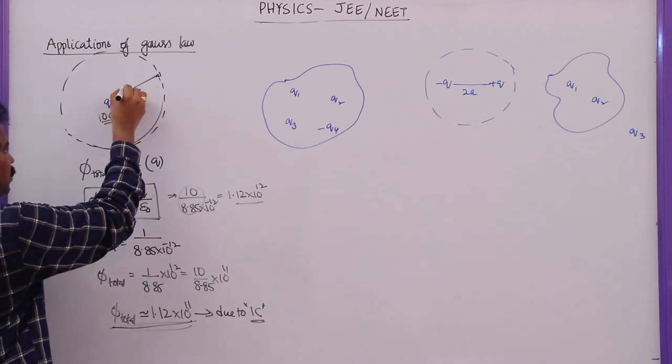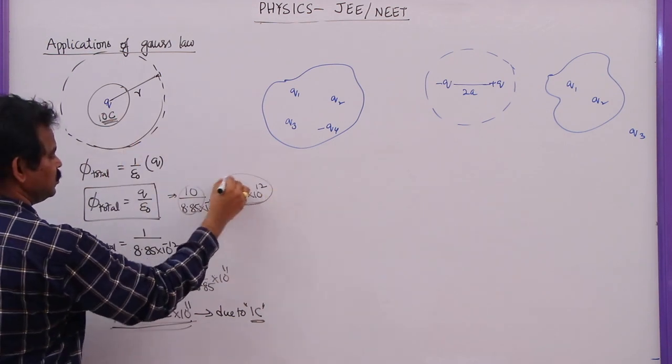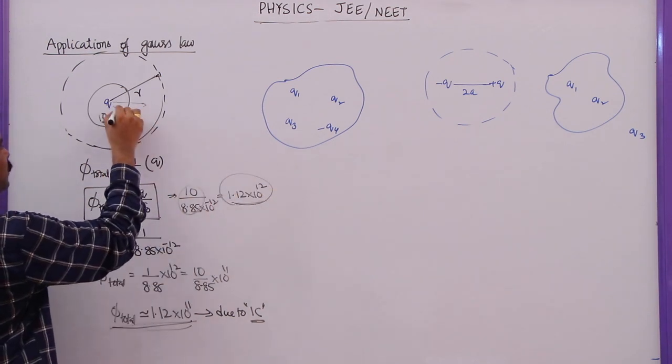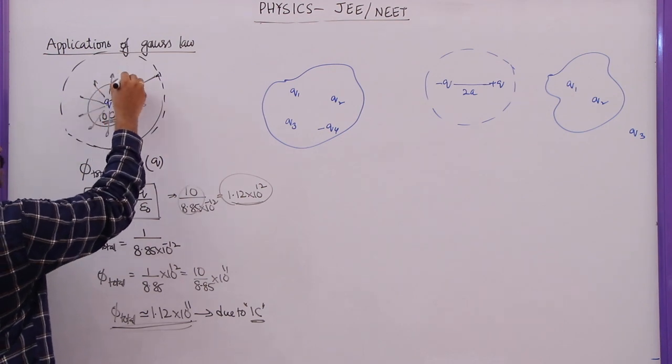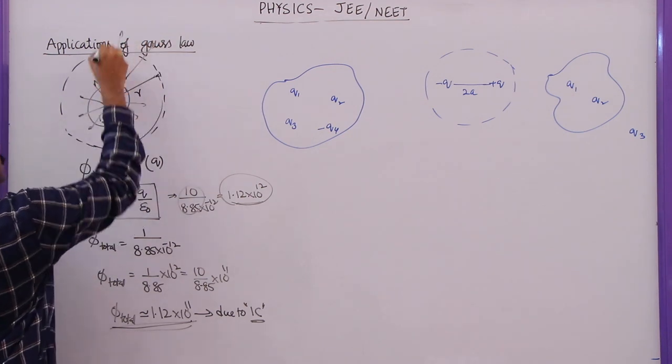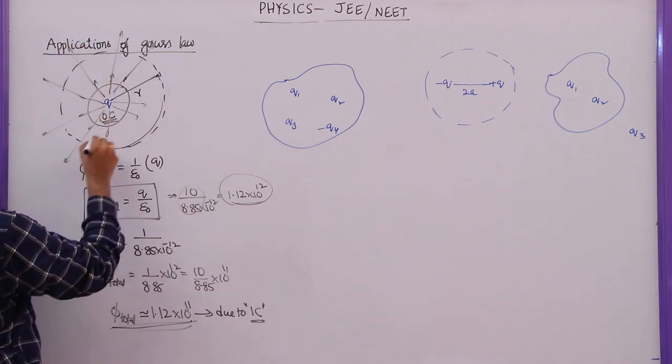Suppose you take a small Gaussian surface here. Due to this 10 coulomb charge, this many lines come out or pass through this closed Gaussian surface. All these lines will pass through the bigger one also, because these lines are going to end on a negative charge.